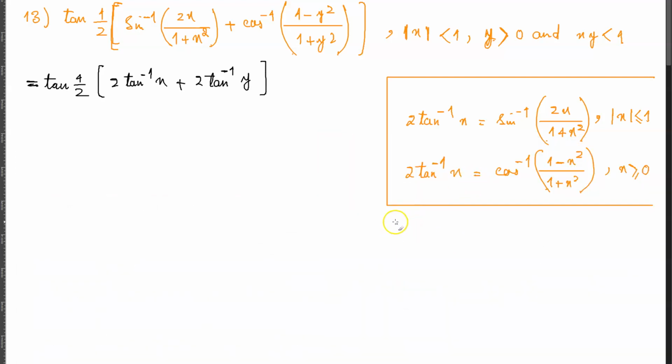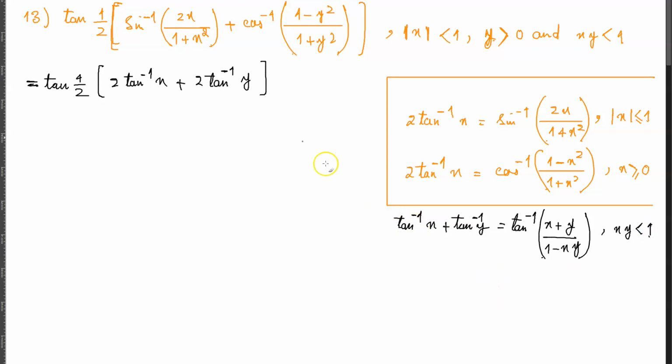Meaning that I can write tan inverse of x plus tan inverse of y is equal to tan inverse of (x plus y) over (1 minus xy), for x and y with x times y less than 1, right?